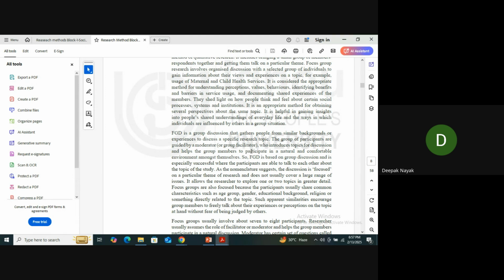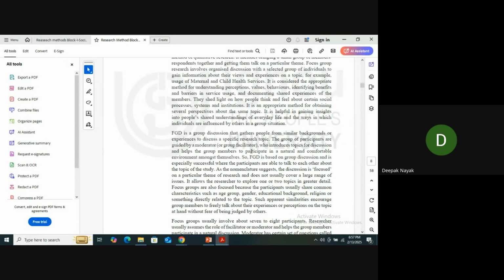If you are studying adolescent health, you have to take parents and adolescent groups according to the interest of the study. If you are studying old age problems, then you take the caretakers and the aged people who can express that.